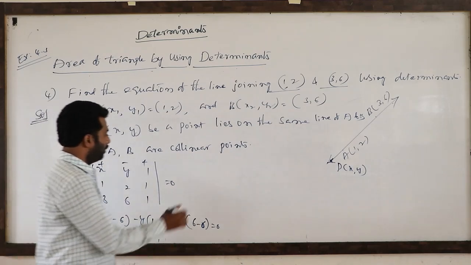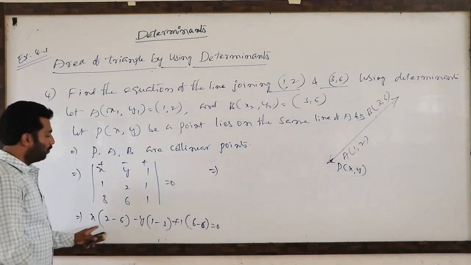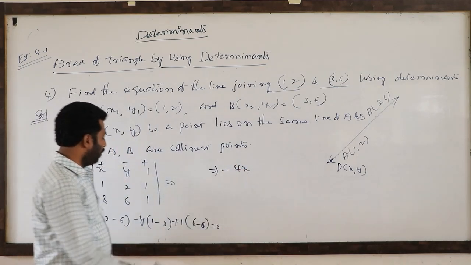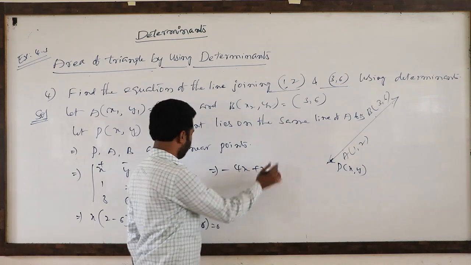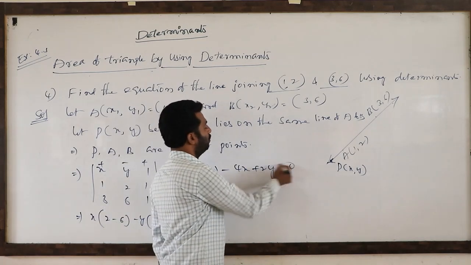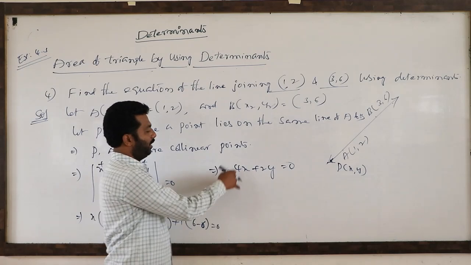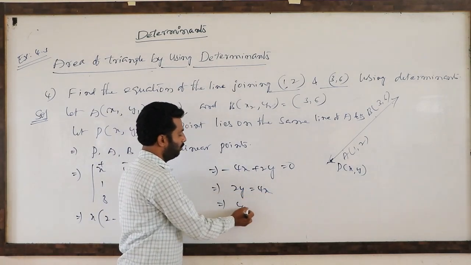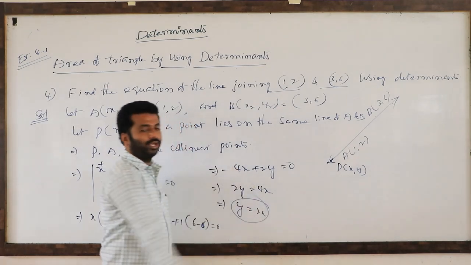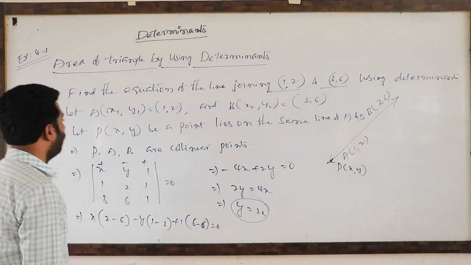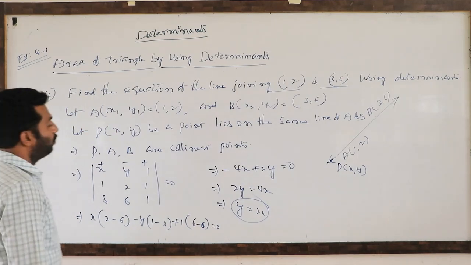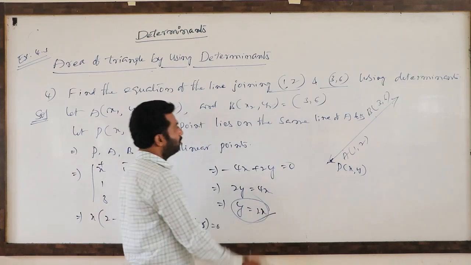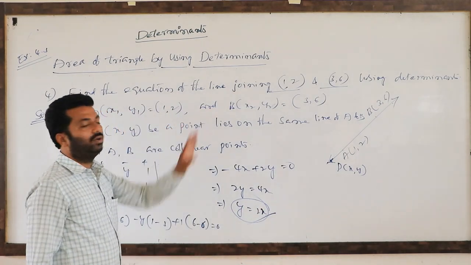Now this will be minus 4x plus 2y equal to 0. So finally 2y is equal to 4x, nothing but y equal to 2x. What is the required equation? Equation of the line is y equal to 2x. So this is the line passing through the two given points 1 comma 2 and 3 comma 6.